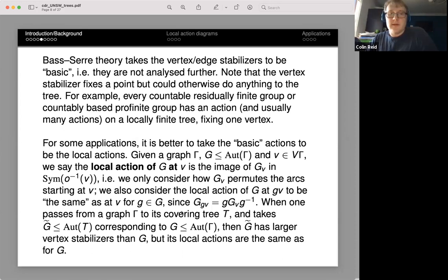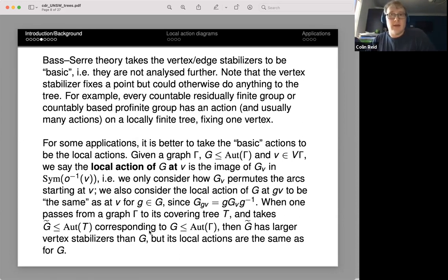But one reason this is a natural thing to do is if you take a graph and then pass to its covering tree, the canonical G tilde corresponding to your group G, the vertex stabilizer will get much bigger because you're acting on this whole tree instead of the original graph. But the local actions are the same because the cover has preserved the neighborhood of a vertex.